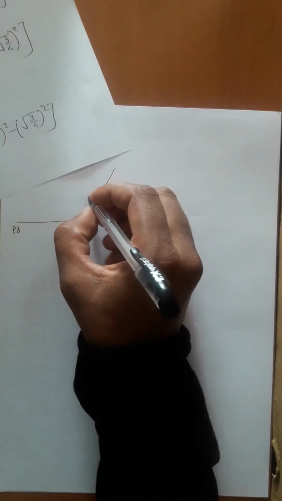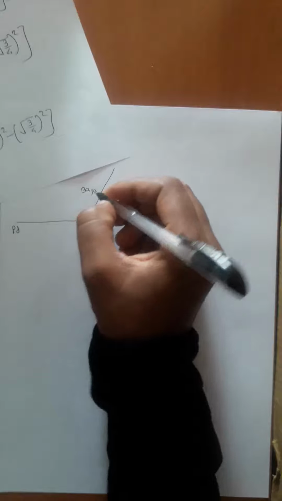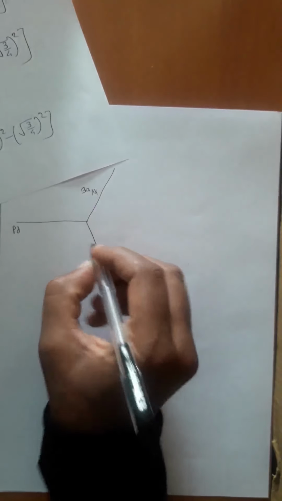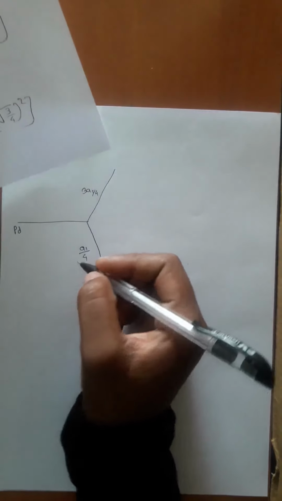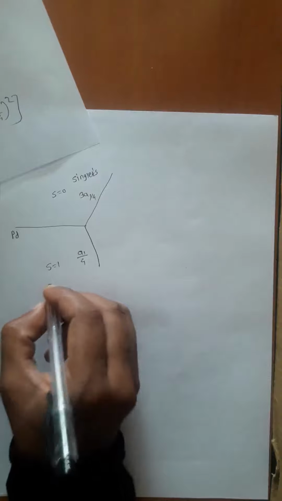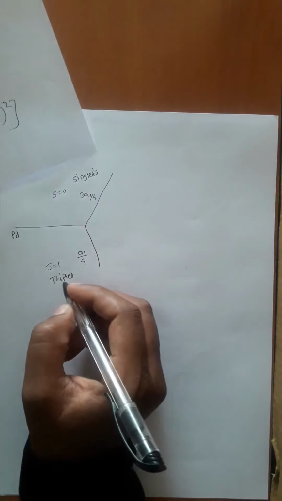This is the 3a1 by 4, which is the singlet term for S is equal to 0, and this will be the triplet term for a1 by 4.